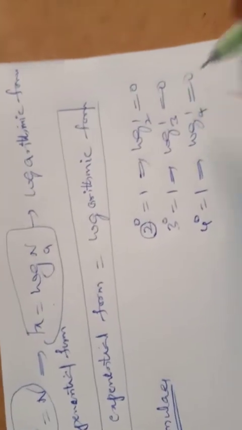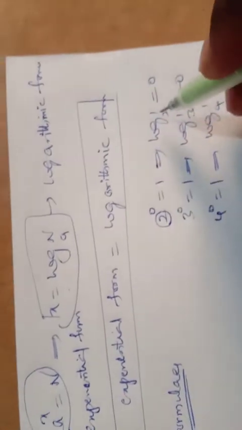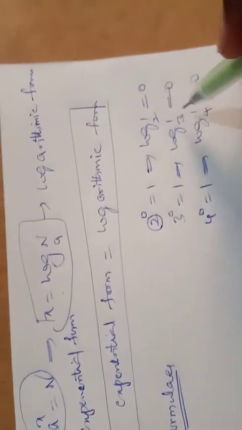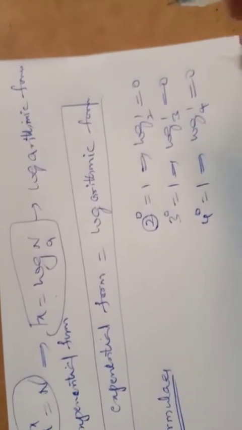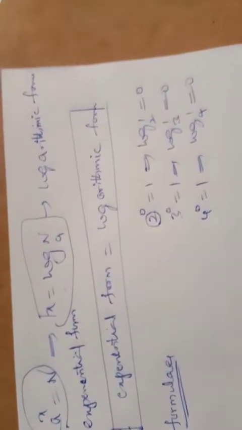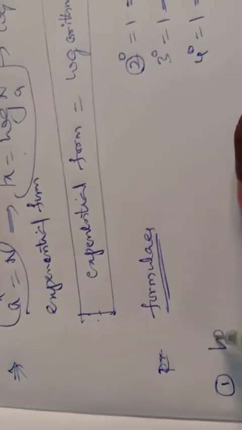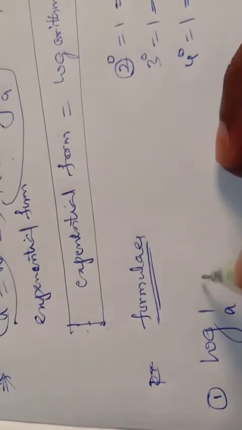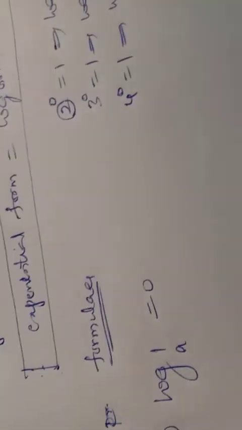Here 2 is base, that is log 1 base 2 equal to 0, and log 1 base 3 equal to 0. Here log 1 base 4 equal to 0. You can write anything on log 1 base 4, 5, 6, etc. We get the value 0. Therefore finally we conclude the formula log 1 base a equal to 0.